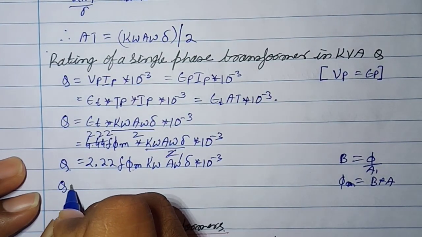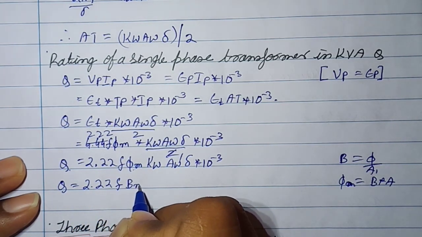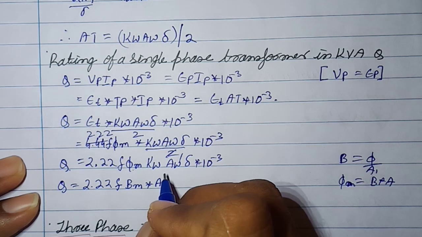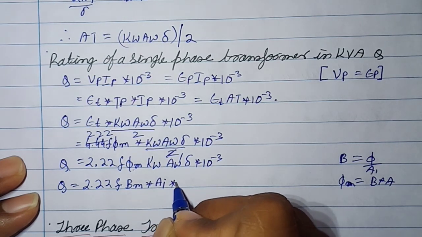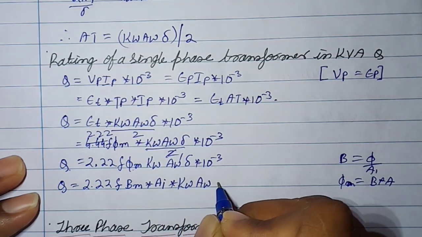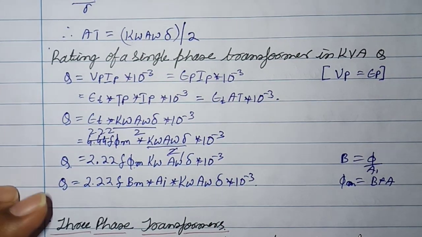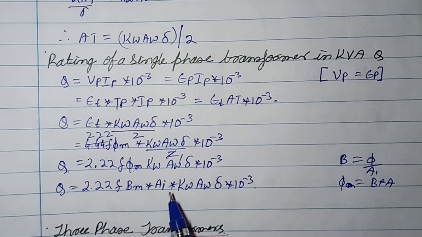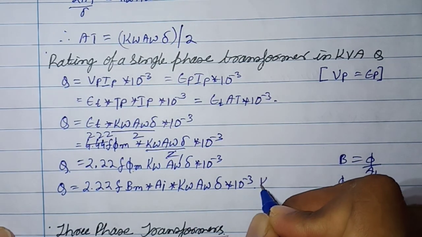So Q will be equal to 2.22 F Bm, that is the maximum flux density, into Ai, that is the area, into KW AW delta into 10 raised to minus 3 kVA.